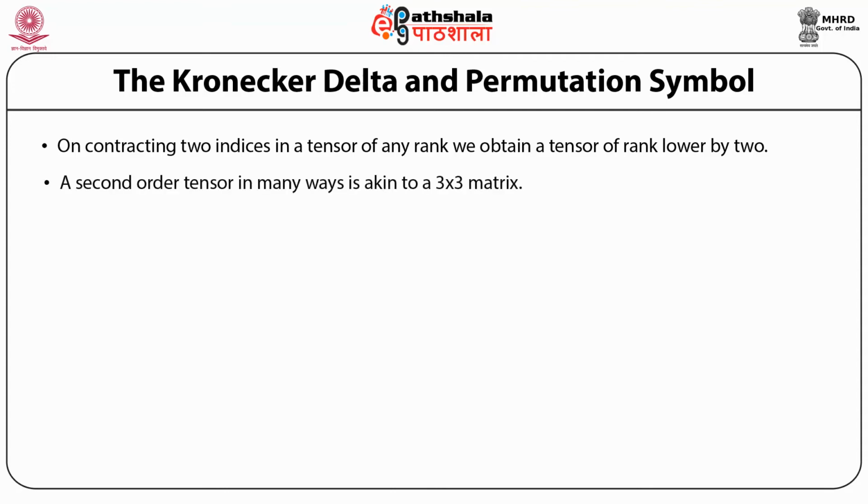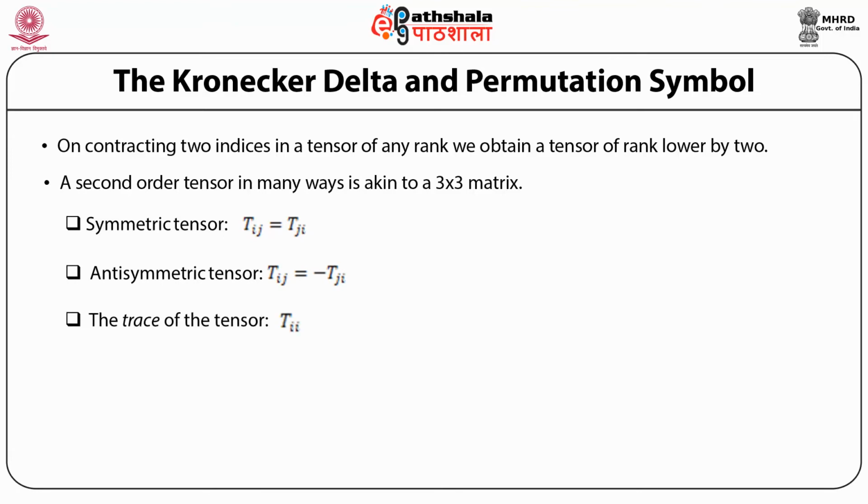A second order tensor in many ways is akin to a 3 cross 3 matrix. Symmetric tensor: Tij equals Tji. Antisymmetric tensor: Tij equals minus Tji. The trace of a tensor is represented by Tii.